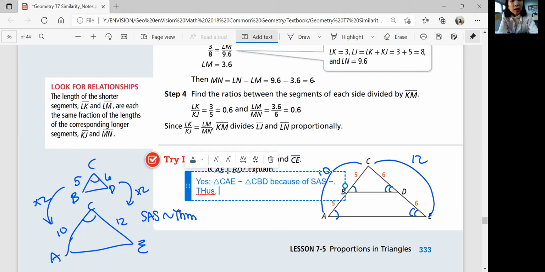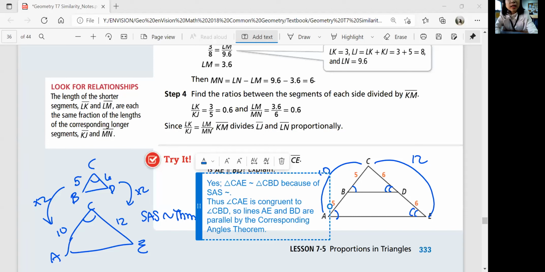Thus, angle CAE is congruent to angle CBD. So lines AE and BD are parallel by the corresponding angles theorem.